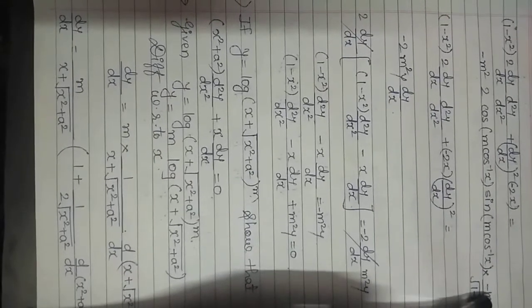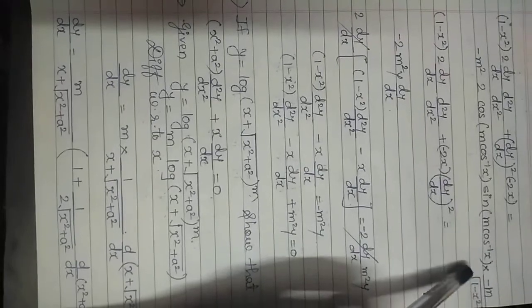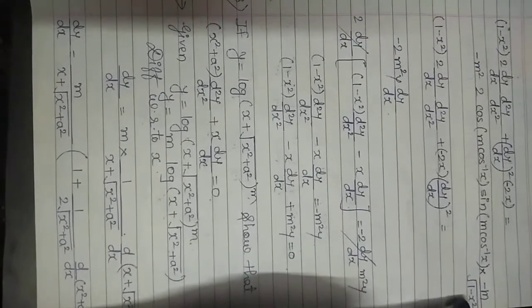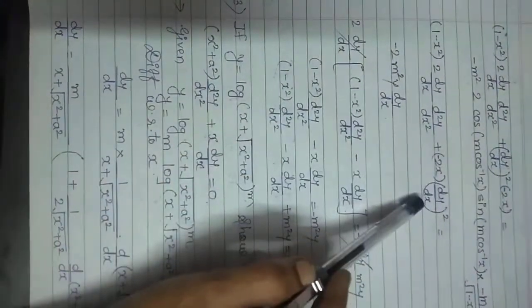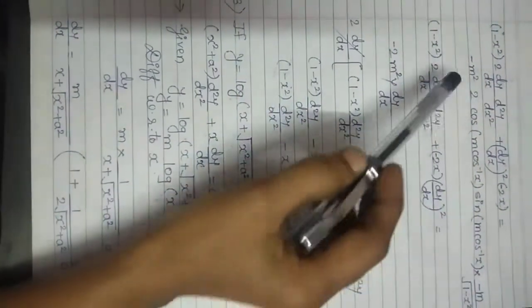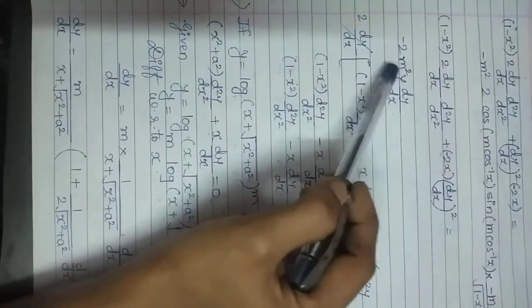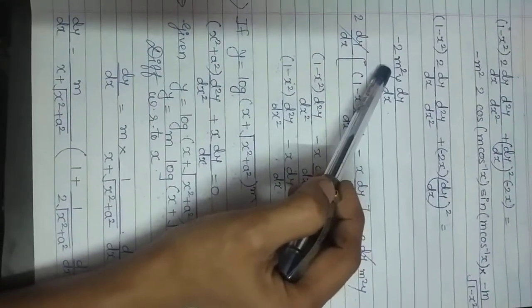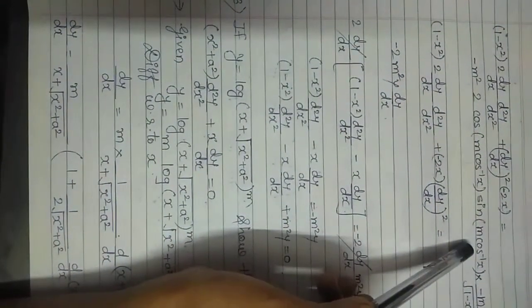So m will be constant and derivative of cos inverse of x is minus 1 upon under root 1 minus x square. Now this LHS will be as it is, equal to this 2 m square, and we know sine of m into cos inverse of x is nothing but y.